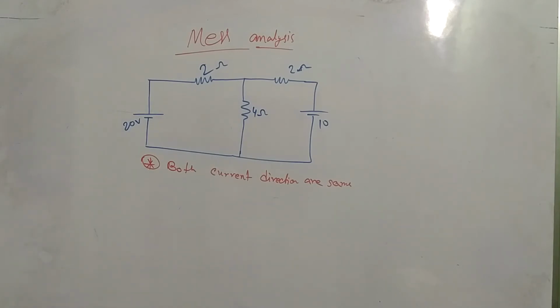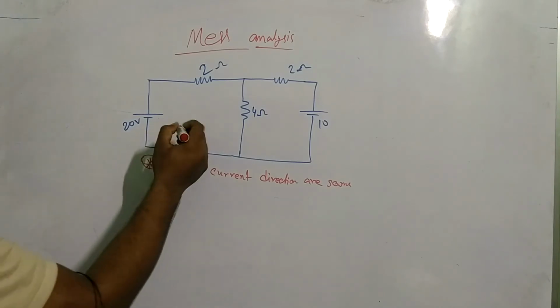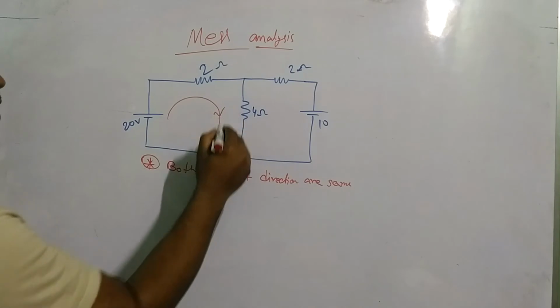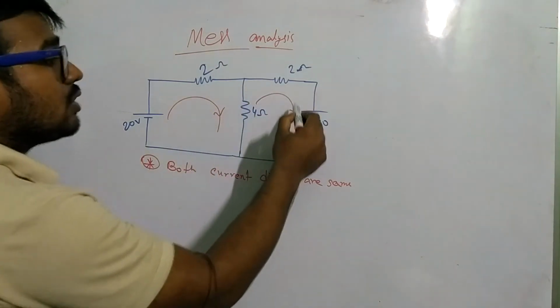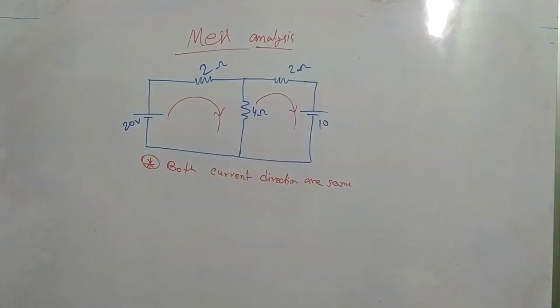One clockwise, one anti-clockwise, no matter; both clockwise, both anti-clockwise, whatever. But in mesh analysis, only one direction is applicable. If I take the first loop clockwise, then the second loop must also be clockwise. This is the first criterion.